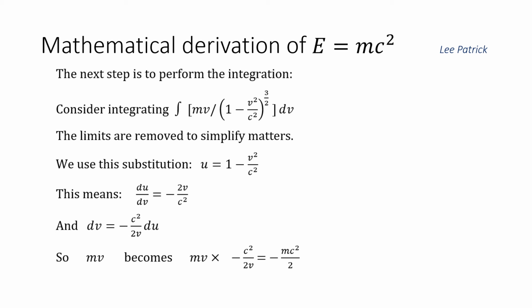This means that du by dv equals minus 2v over c squared, and dv equals minus c squared over 2v with respect to u. So mv becomes mv times minus c squared over 2v, equals minus mc squared over 2. And we notice this is the first appearance of mc squared.